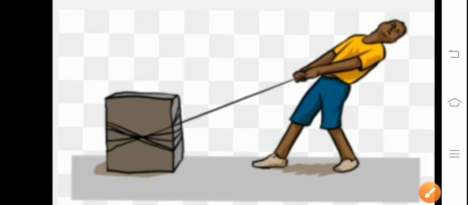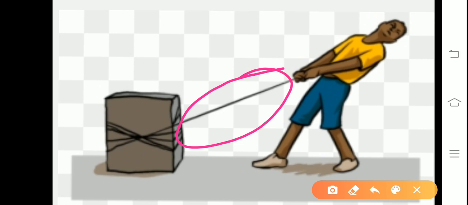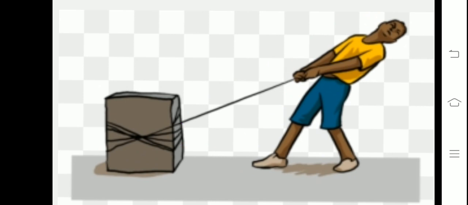And next, here a man tries to pull a heavy, huge rock or object. Here this is the string, and he feels tension force in this situation.